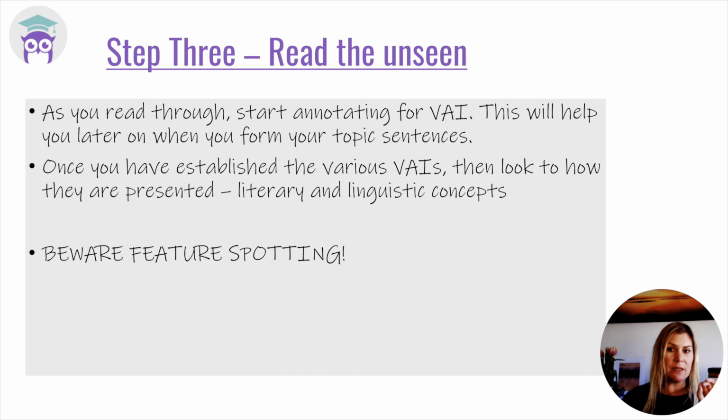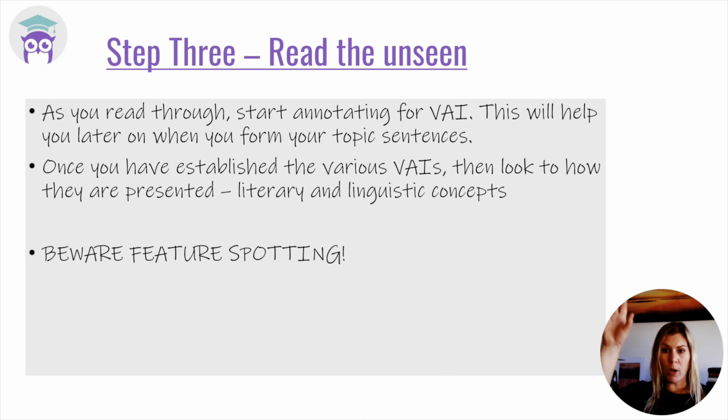It should be the values, attitudes and ideas. Okay, so as you imagine the extract in front of you, you're going to be writing down the side a trigger word that's going to help you with your topic sentences later on for your paragraphs, that summarizes a value, attitude or idea being presented.